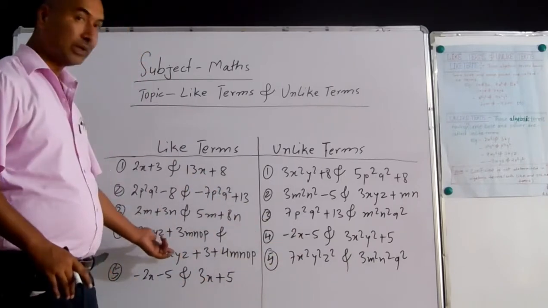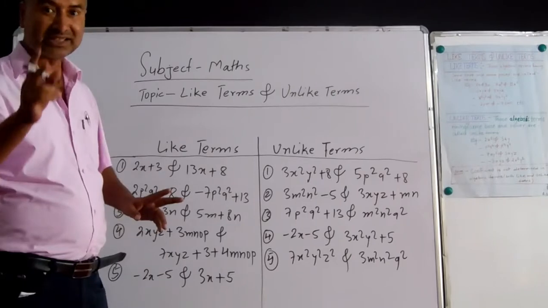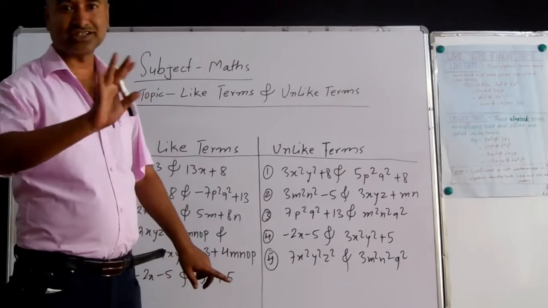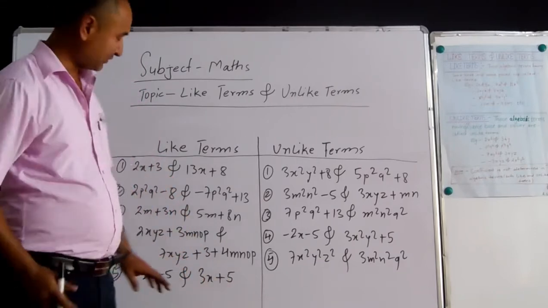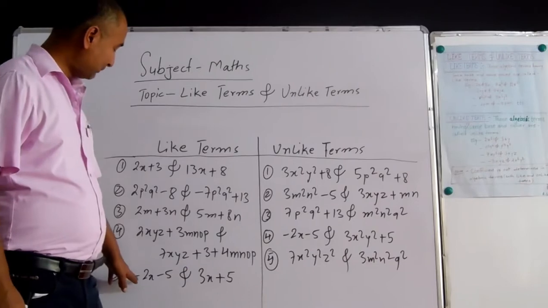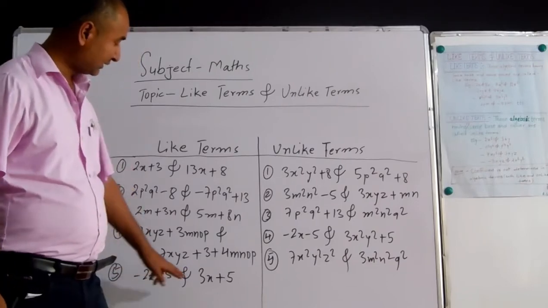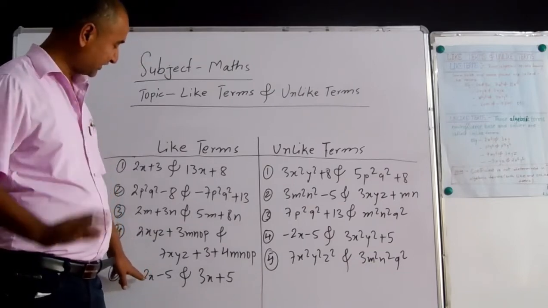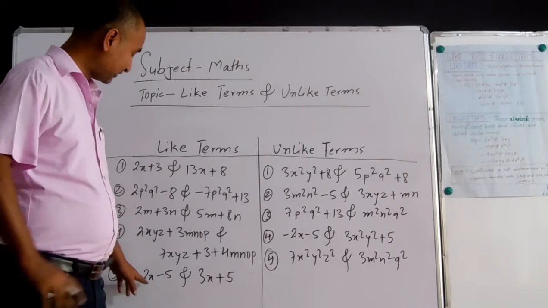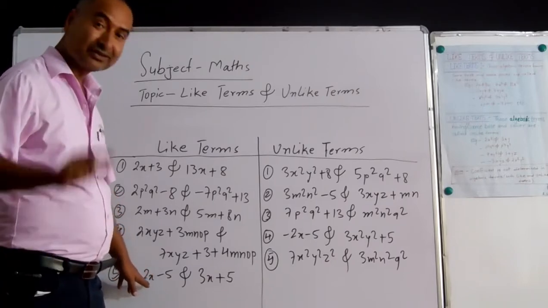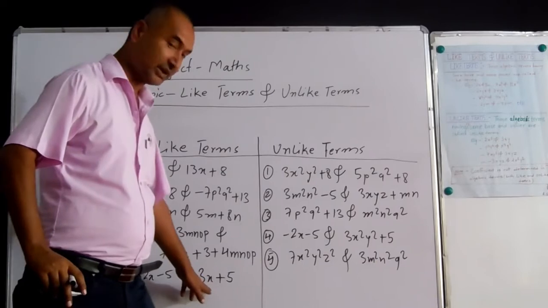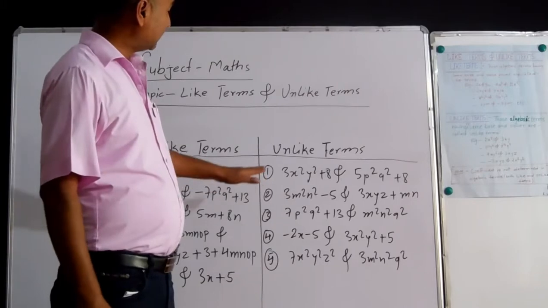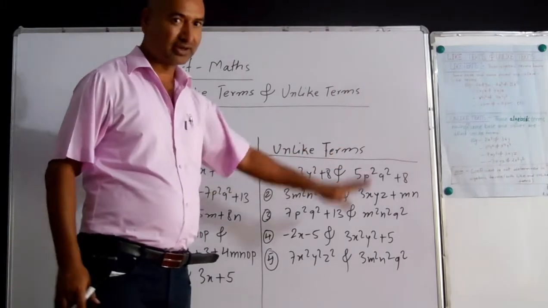That means variable and power are the same in both expressions. Don't be confused by the constant. Constants are not necessary in like or unlike terms. Last one, minus 2x minus 5 and 3x plus 5. Here there is a minus sign, but it is not necessary to identify like terms. You only look at the variable x, and the power is 1.